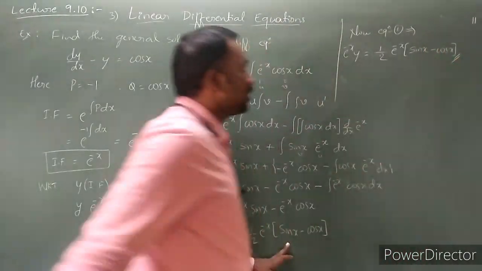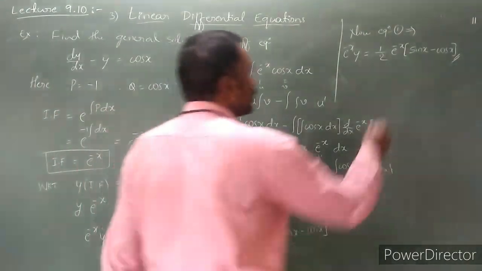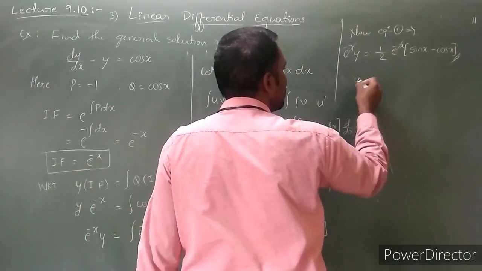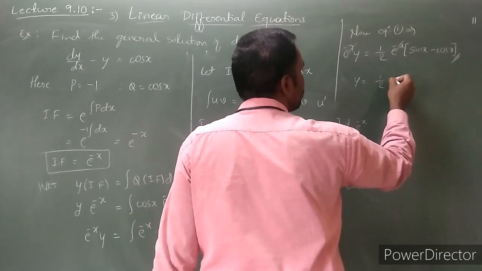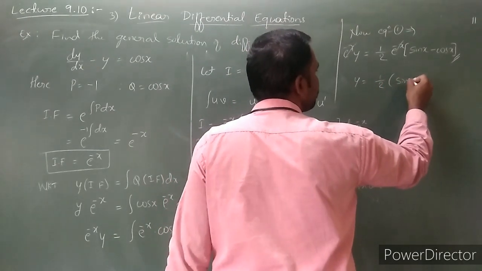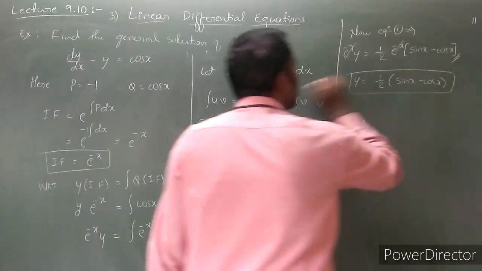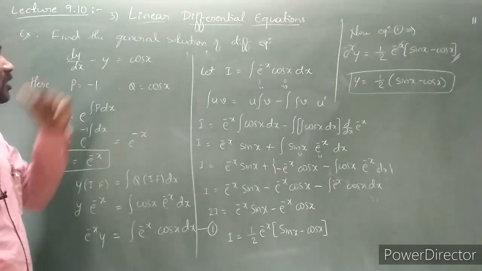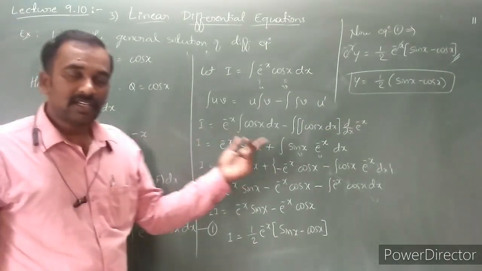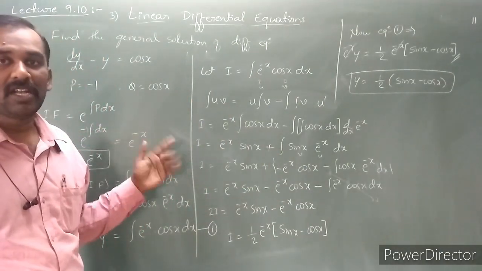This is the required solution. We can cancel the e power minus x, e power minus x. Finally, y is equal to 1/2 times of sin x minus cos of x. This is the solution of the given linear differential equation.